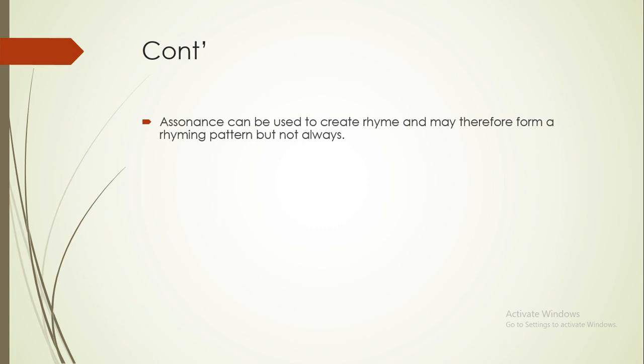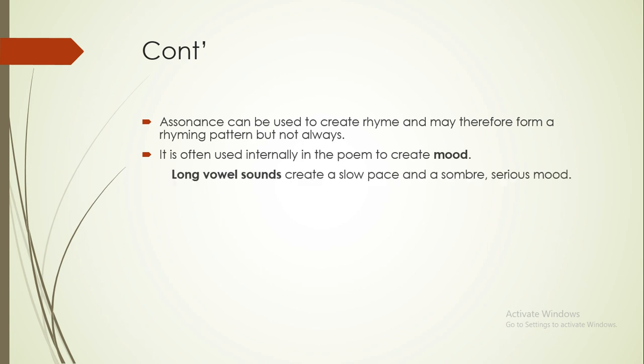Therefore, when the poet uses assonance, he might want to create a rhyme which might form the rhyming pattern in that poem. But it is not always a must that the poet has to use assonance or rhyme in their work. It is often used internally in the poem to create mood. Mood is basically the feelings that the poet wants you as the reader to have.